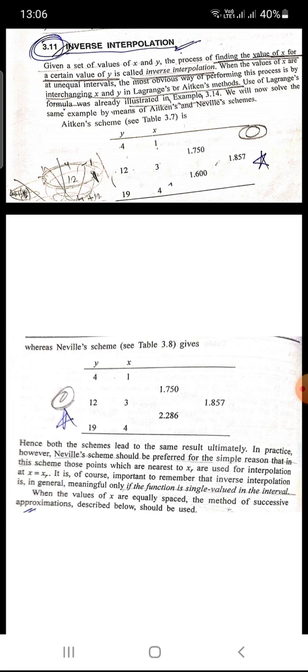In practice, however, Neville's scheme should be preferred for the simple reason that in this scheme the points which were nearest to x are used for interpolation at x equal to xr. It is of course important to remember that inverse interpolation is in general meaningful only if the function is single valued in the interval.